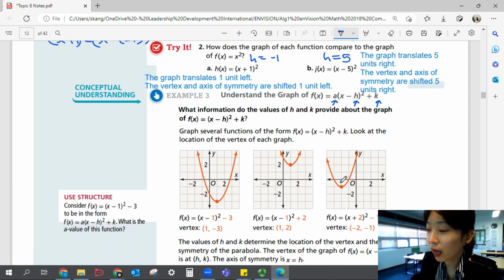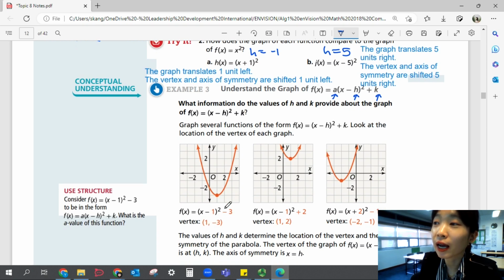What information do the values of h and k provide about the graph of f of x equals (x minus h) squared plus k? We're going to graph several functions of this form. So first of all, let's look at this one. So a is going to be 1. There's no a here, which is times 1.